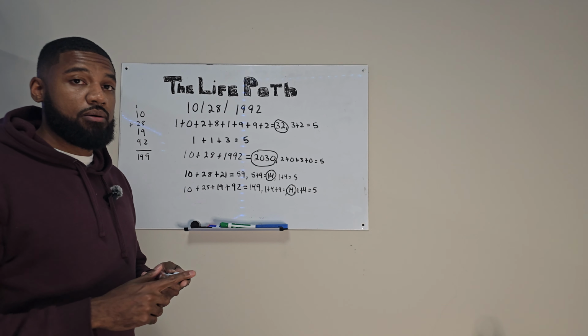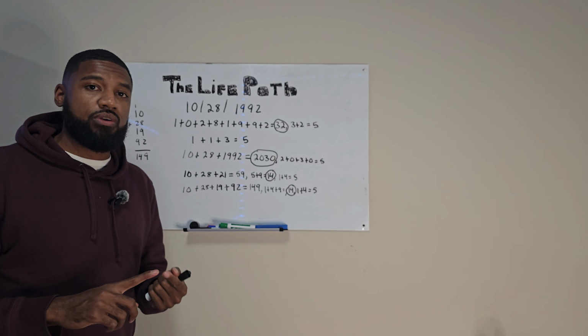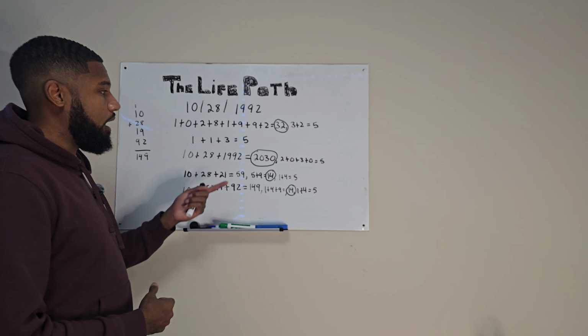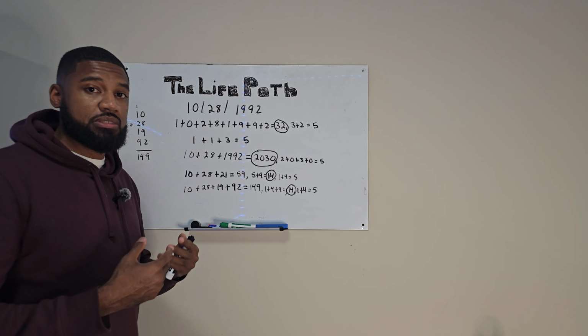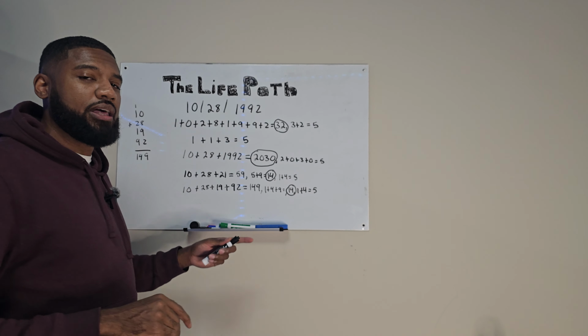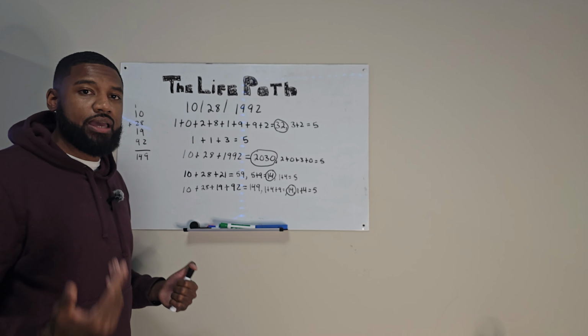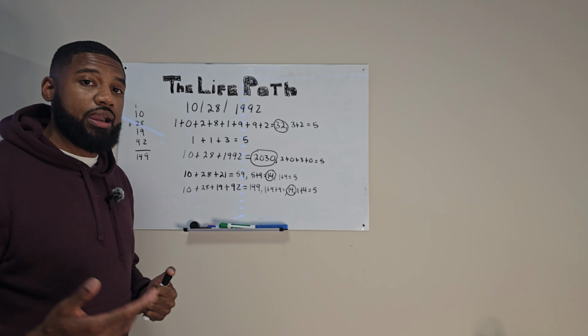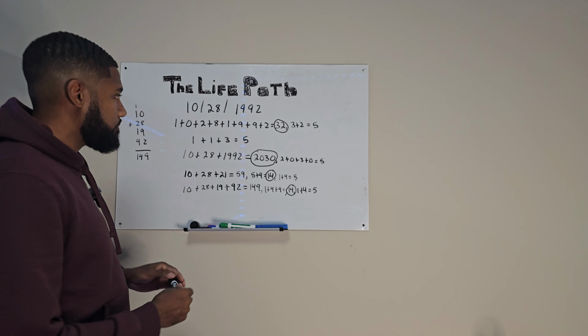Why? Because the different calculations may reveal a certain age that may play a big part of a person's life. Maybe there might be a year that might have some significance. And also, I like to see if there are any calculations that reveal a karmic debt number. If you're not sure what a karmic debt number is, I'll cover that in another video.